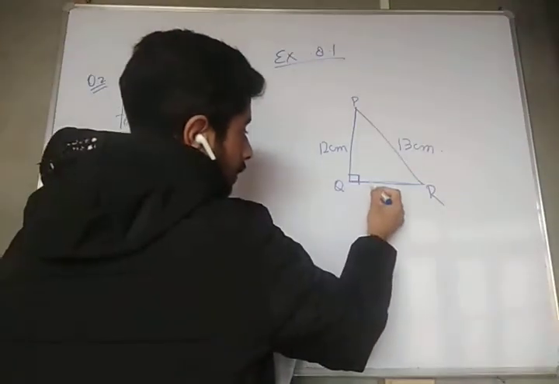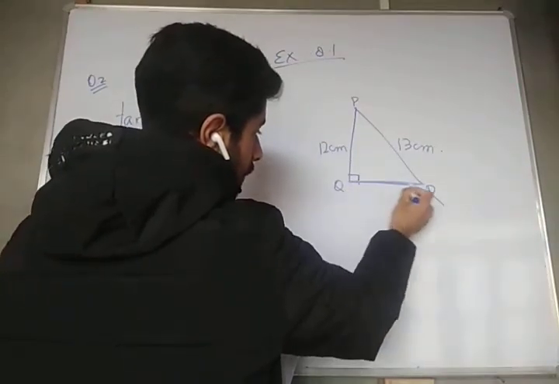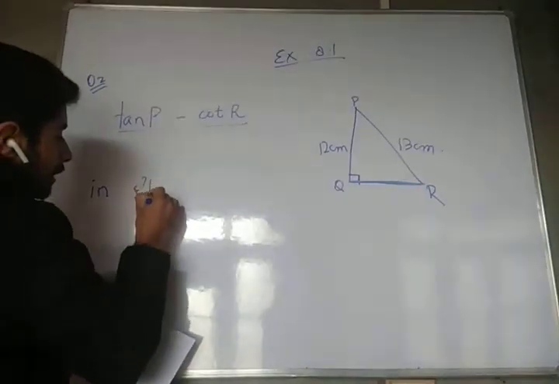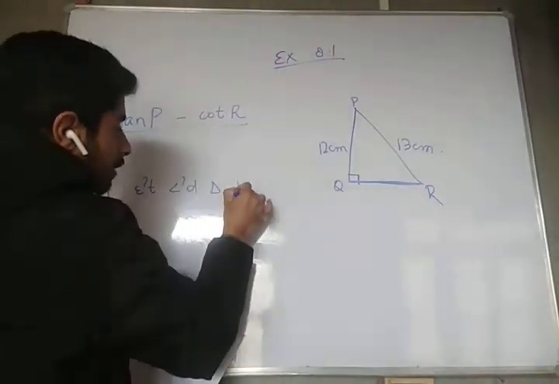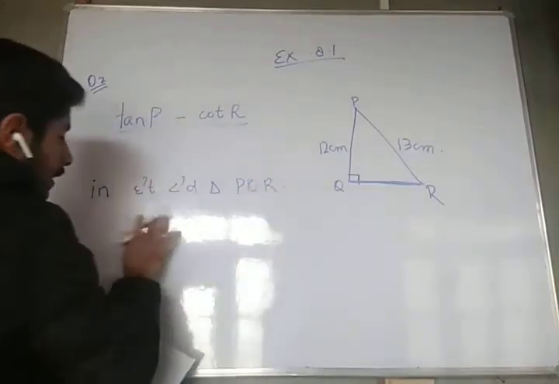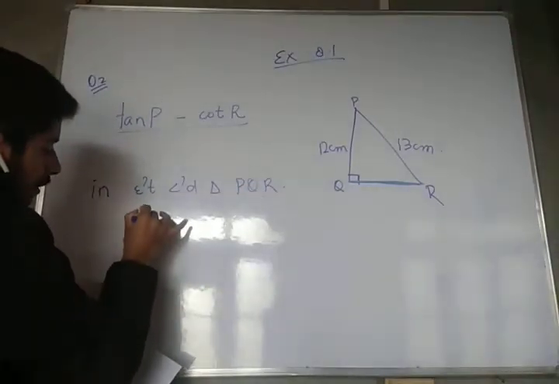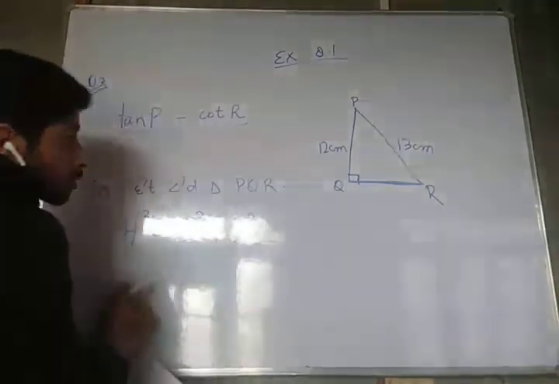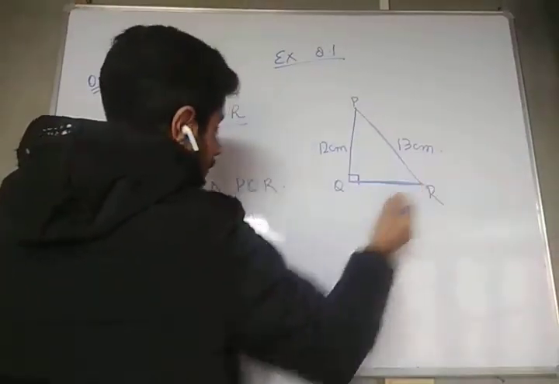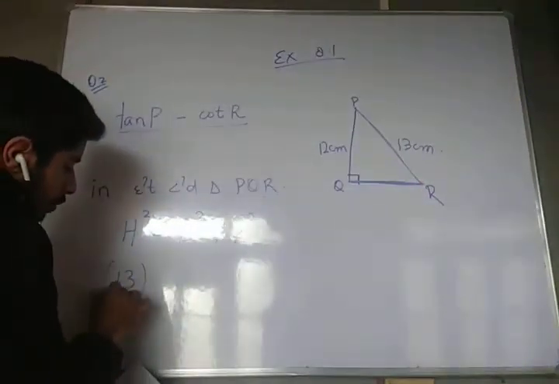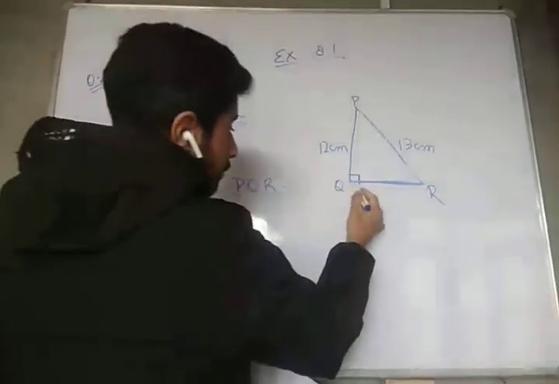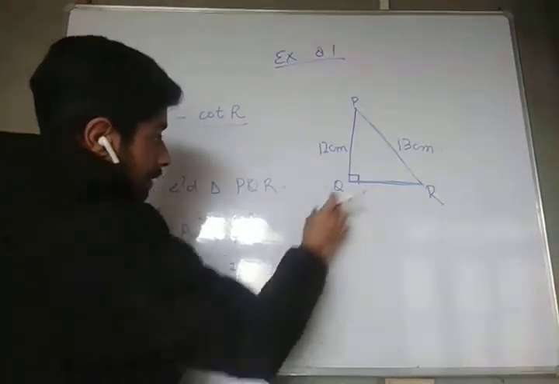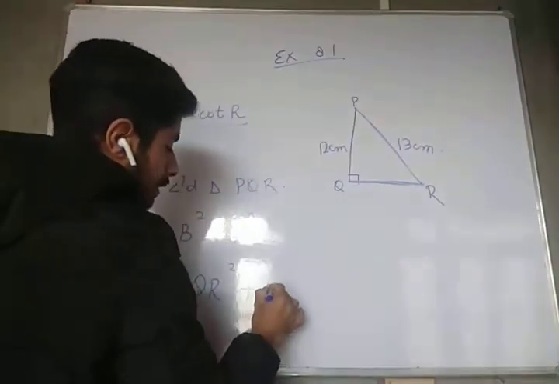First of all, let's evaluate the value for this base. This is a right angled triangle PQR, so we can use the Pythagorean theorem. Hypotenuse square is equal to base square plus perpendicular square. This is our hypotenuse, it is 13. So 13 square is equal to base QR square plus perpendicular PQ square, which is 12 square.